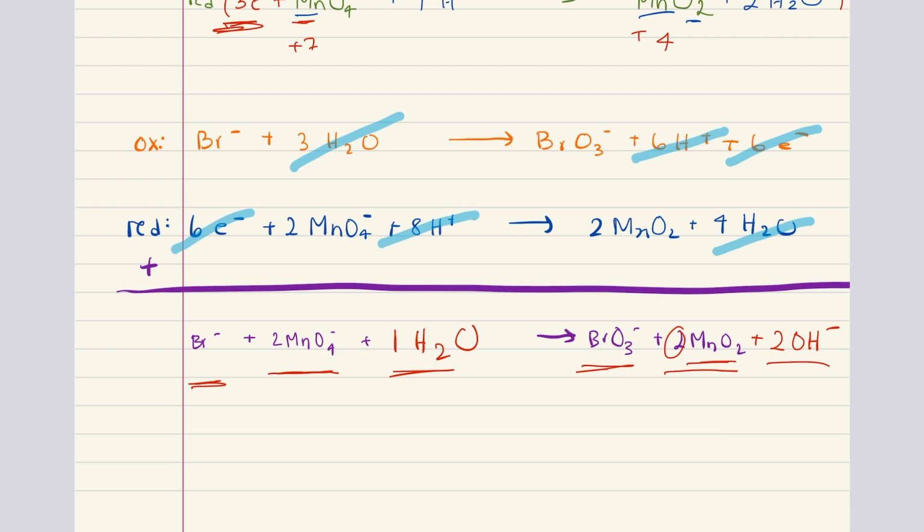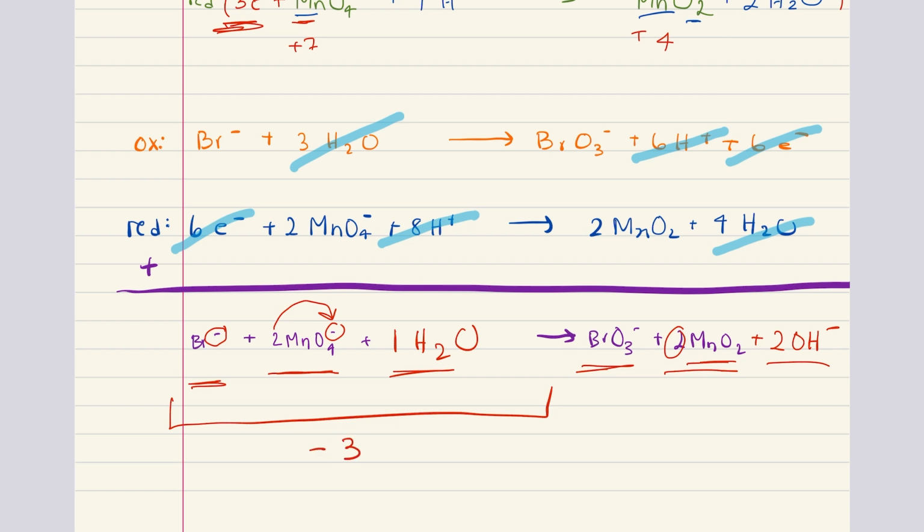Before we say we are completely done, let's ask ourselves, is the charge on both sides of the reaction arrow the same? On the reactant side, we have -1, and we have 2 of these -1, so that's a total of -3 charge on the reactant side.